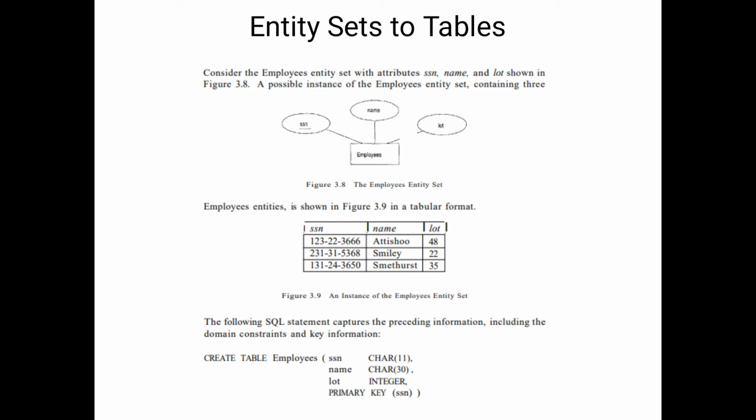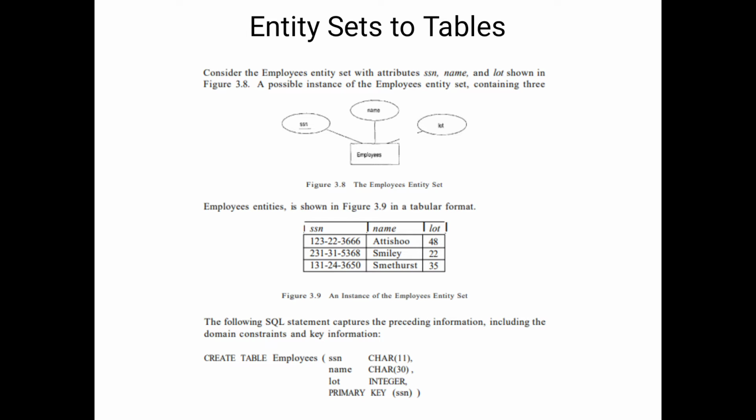Rectangle means entity, rhombus means relationship, circle means attribute, double rectangle represents the weak entity, double rhombus represents the weak entity relationship, double circle represents the multi-valued attribute, and circle with underscore represents the key attribute. If you want any information regarding these points, please watch my previous videos. Now today's agenda: we will convert the entity relationship model into a table.